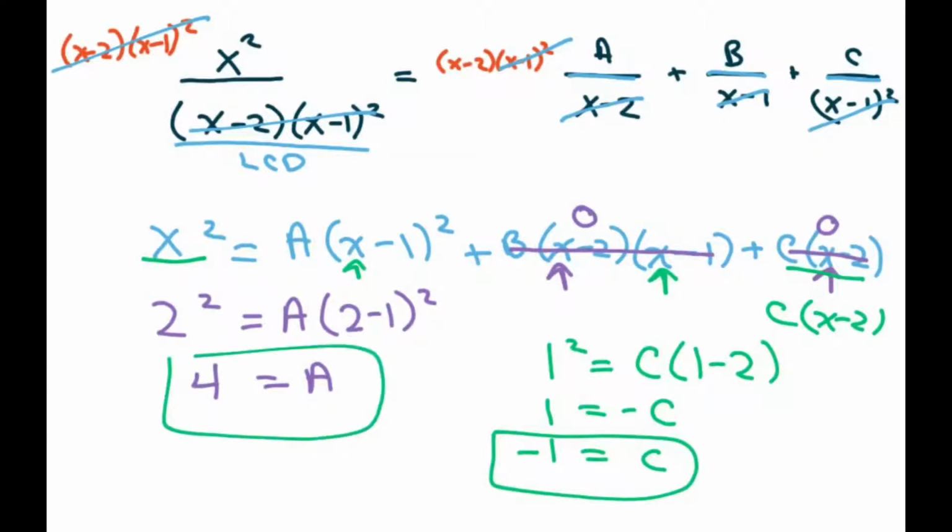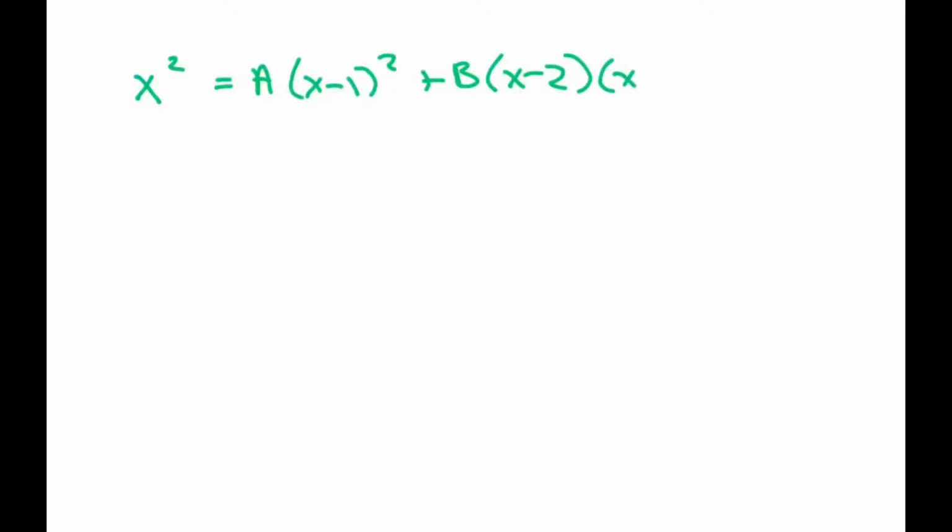Alright, and I messed that whole thing up, so I'm going to write it again. We have x squared equals a times x minus 1 squared plus b times x minus 2 times x minus 1 plus c times x minus 2. So now let's let x be 0.